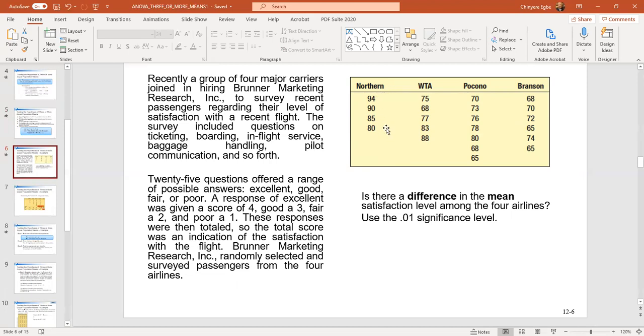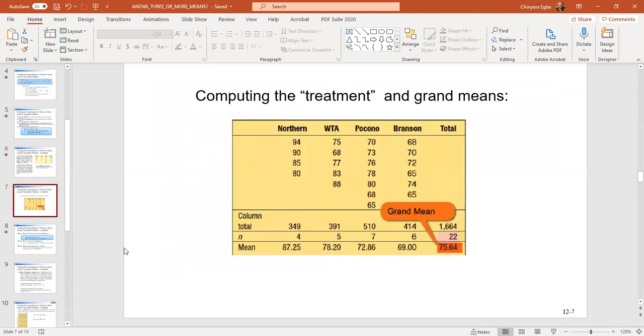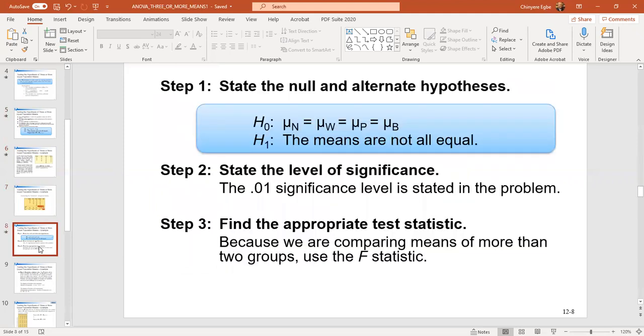Here, Northern Group has 4. WTA has 5, that's 9. And then this other group has 7, so that's 15. And then you have 6 here, that's 21. So 21 minus 3 will give you 18 degrees of freedom for the denominator. Okay. So now let's go to the practical problem.